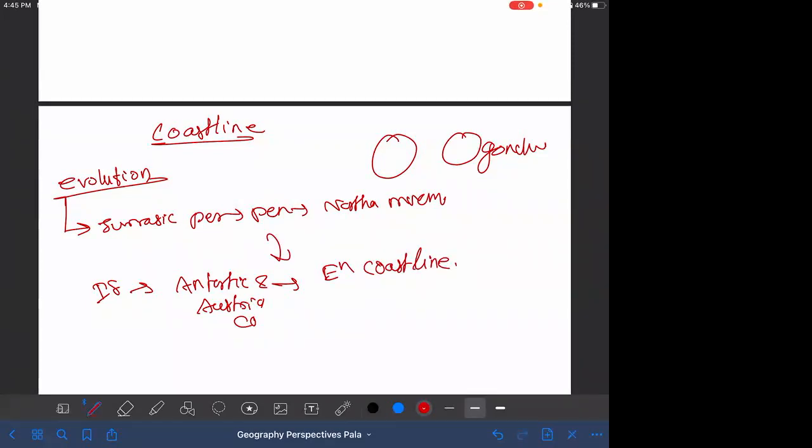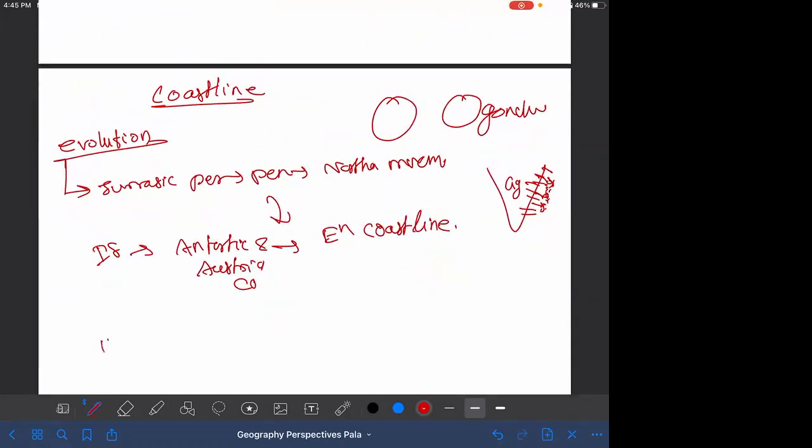Now, eastern coastline, you have the eastern Ghats here. So the deposition of material from the eastern Ghats will lead to the creation of what? The coastline. So this is how the eastern coastline has developed. Then the second stage was the development of the western coastline.